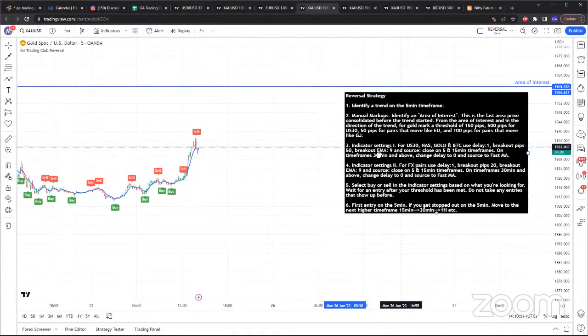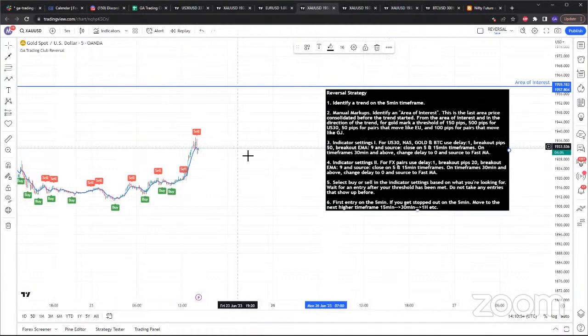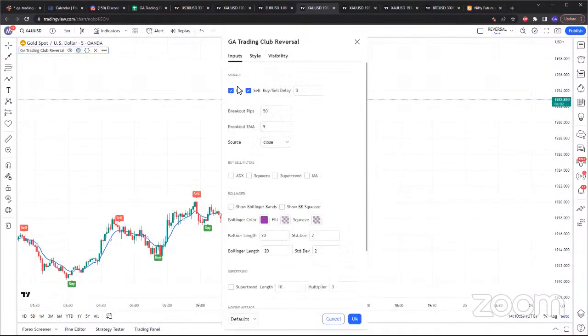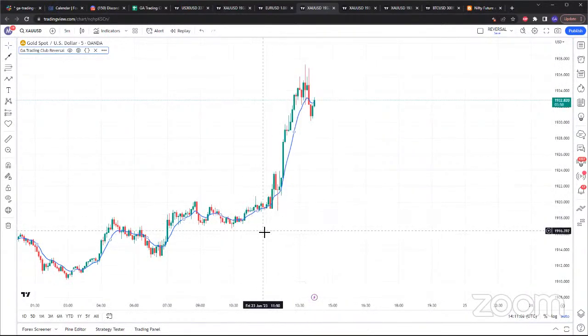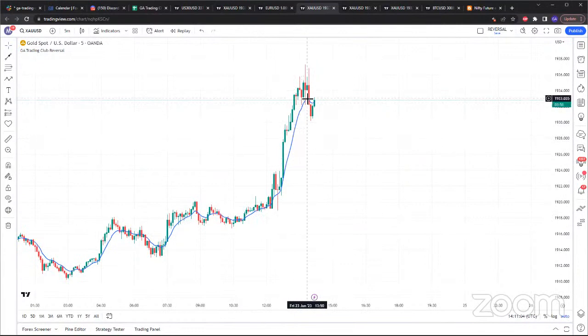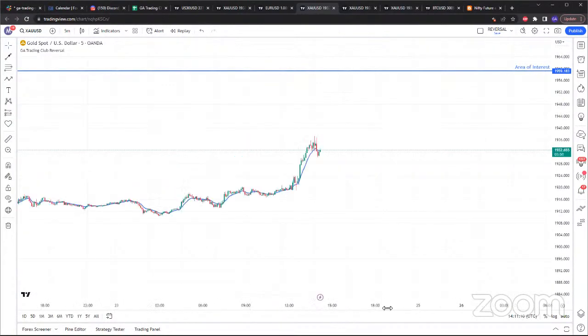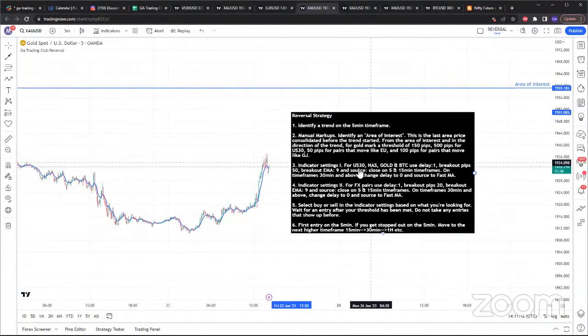So number one, identify a trend on the 5-minute time frame. On the 5-minute time frame, let me turn off all these signals right here. I do see a trend to the upside on gold. Okay, so that's step number one. Step number two is, where is that thing?